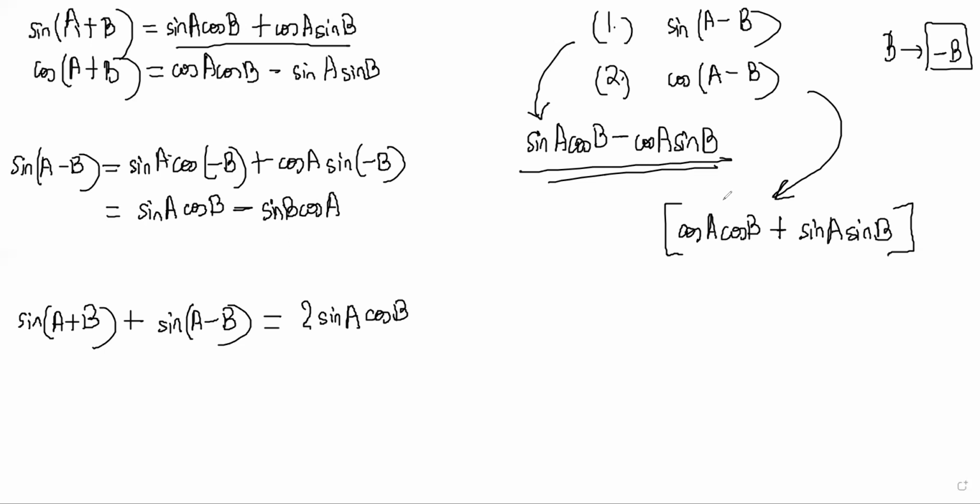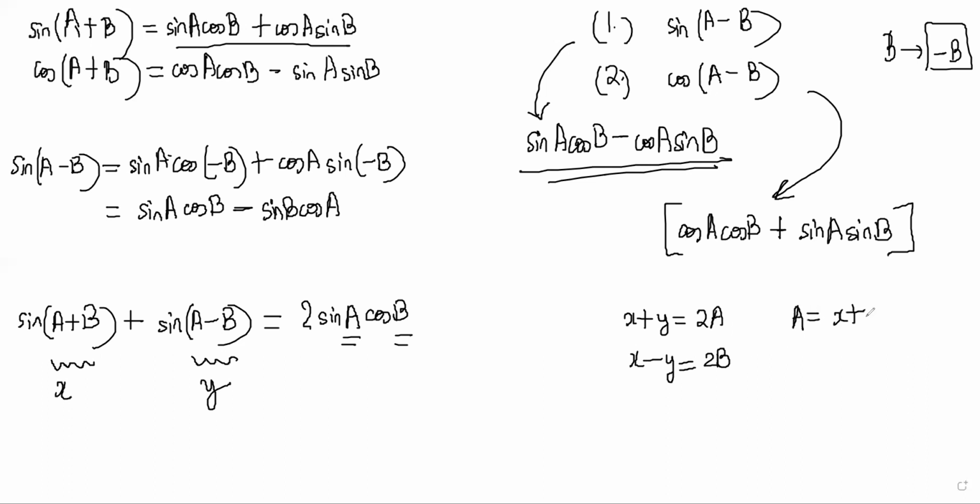So for example, what we can say is, let's take A plus B as X, A minus B as Y, right? So can I write this side in terms of X and Y? Yes, I can. I know X plus Y is equal to 2 times A, no? And X minus Y is equal to 2 times B, right?